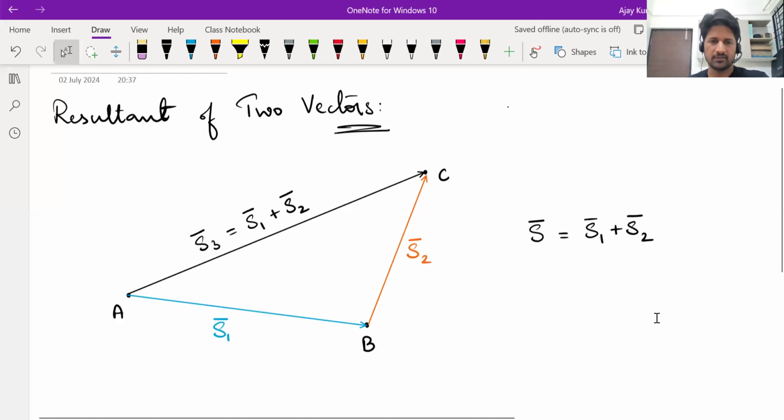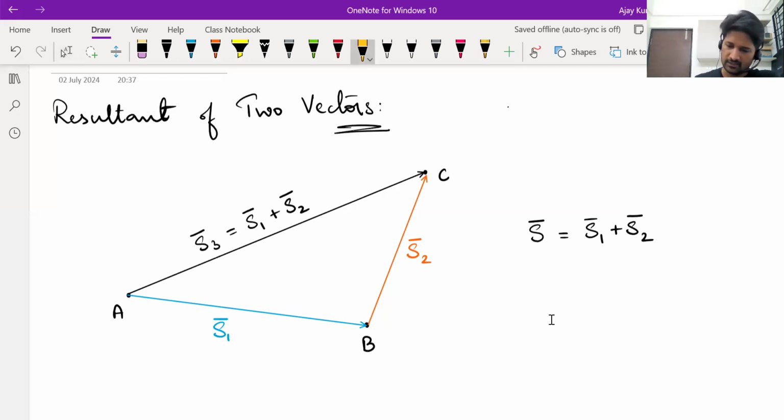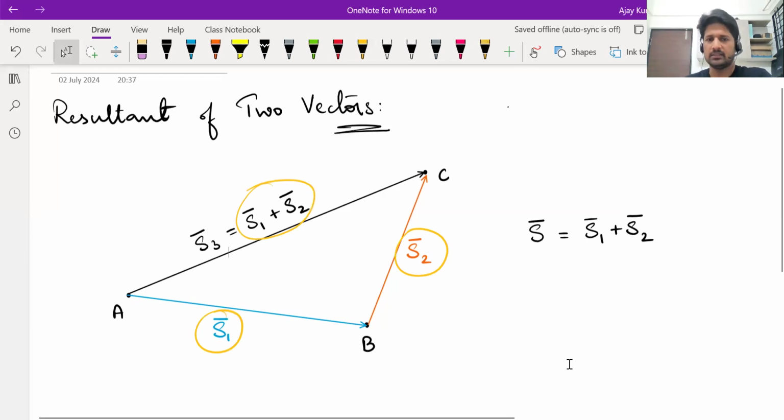Now see, S1 is one vector, S2 is one vector, and S1 plus S2, their resultant, is also a vector. And when you observe these three, two vectors and their resultant, you can clearly see that they form a triangle.